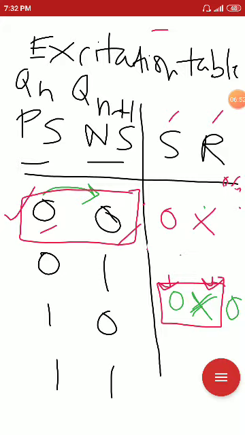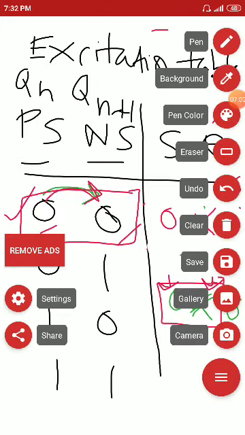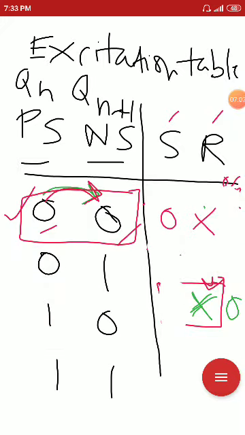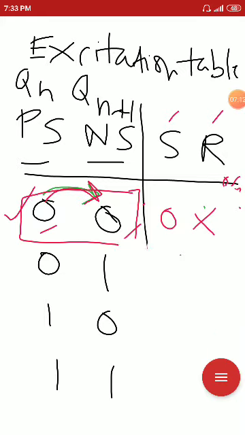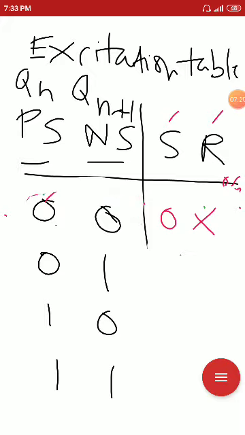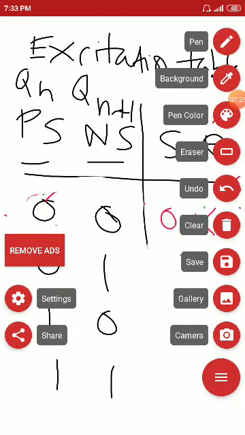We have found the input of S and R for the present state changing from 0 to 0. Similarly we can find the other combinations. The next combination to be checked is 0 1. For 0 0, the input of S and R is 0, don't care. Now next we shall see what the input of S and R should be.